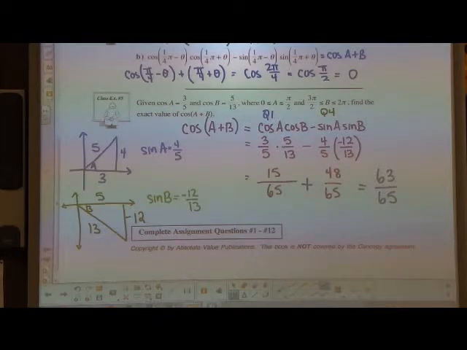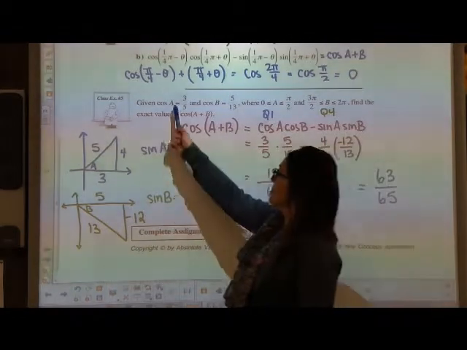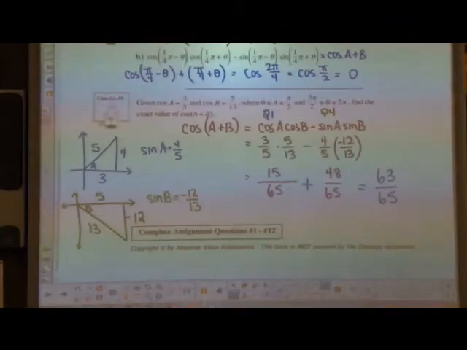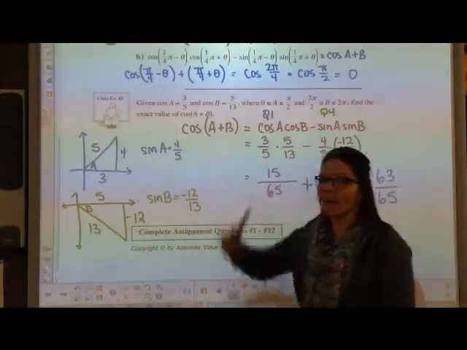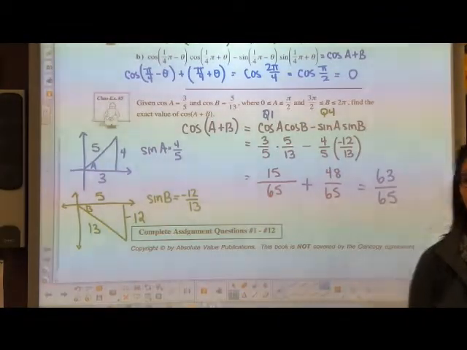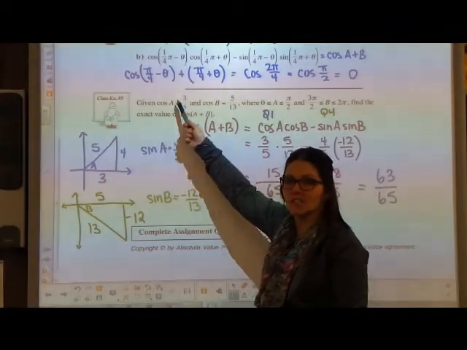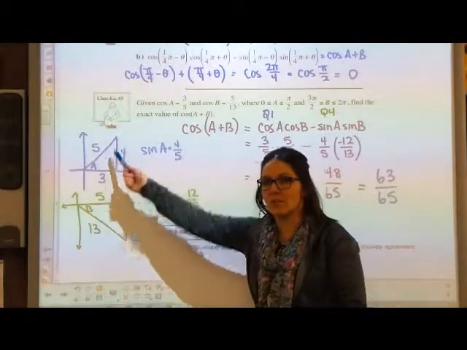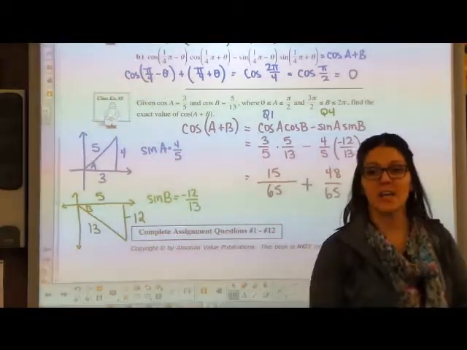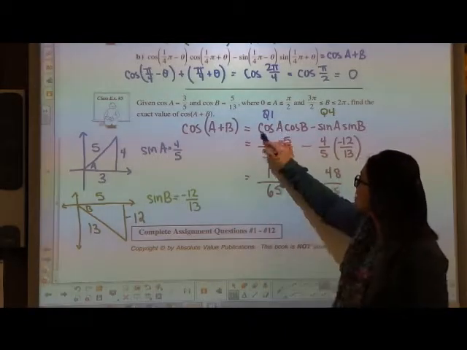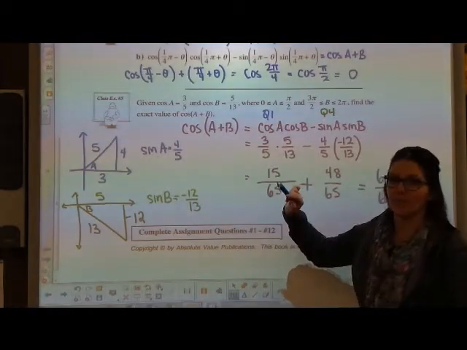I have seen a question like this on almost every diploma I've ever looked at, where it gives you the value in two different quadrants and then asks you to find, sometimes it's a sine A plus or minus B, or it could be a tan, but they start off by giving you part of this. And so it's the same process. Sketch what it looks like, complete the rest, and just know that cos A equals 3/5.